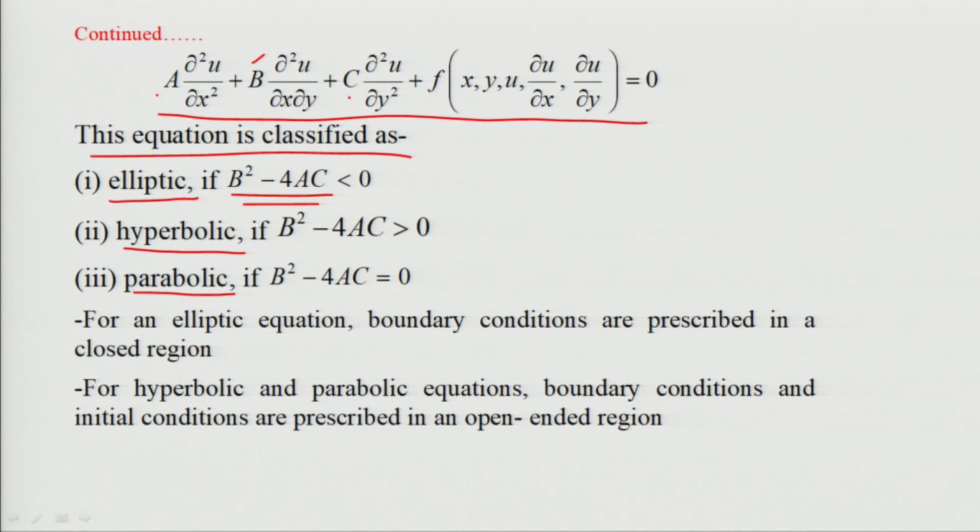And if the value of this b square minus 4ac is negative, then this differential equation is elliptic in nature, and if the value of this b square minus 4ac is positive, then this differential equation is hyperbolic in nature, and if its value becomes 0, then this differential equation is parabolic in nature.